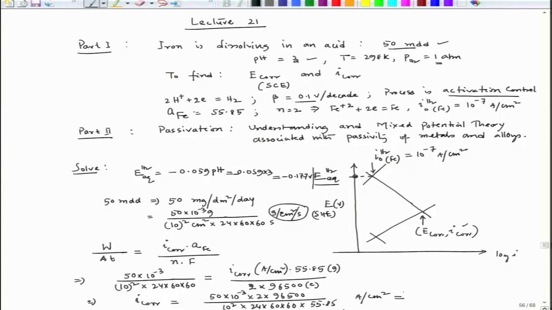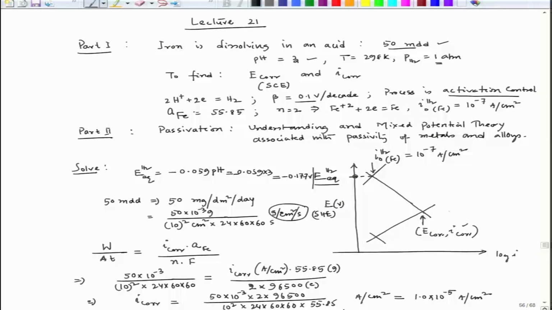So, if you calculate, this becomes 1.0 into 10 to the power minus 5 ampere per centimeter square. So, I core equal to 1.0 into 10 to the power minus 5 ampere per centimeter square. That means at this point we know this value.